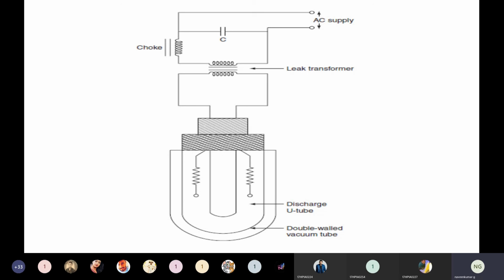The two electrodes you are observing there with the resistors connected are metal oxide coated electrodes, that is the inner tube, and there is a double walled vacuum tube again, which is the outer tube. So this is the total construction of your sodium vapor discharge lamp. Observe the diagram.